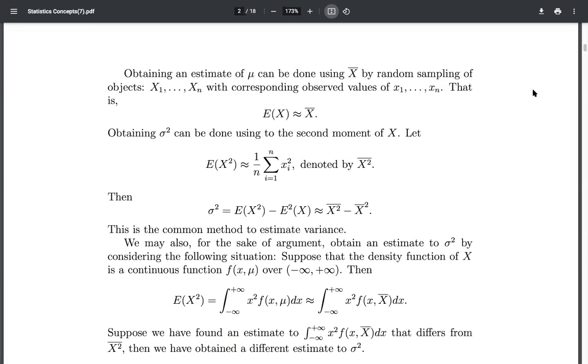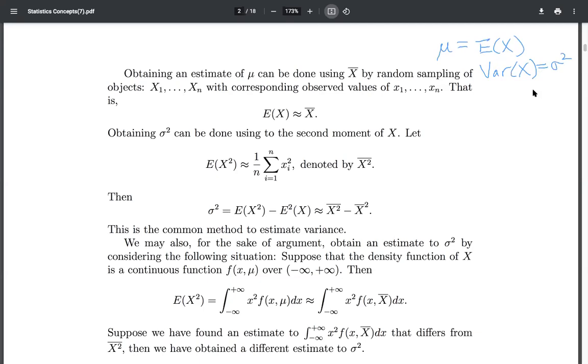Almost immediately, we just want to know, okay, so you have a population of objects, and you have an underlying distribution that governs these objects, and then we want to know the expected value. So this capital X, you can think of as a population, and you can also think of it as a random variable. Okay, and then also the variance. So in statistics, the expected value is often denoted by mu, and the variance is often denoted by sigma squared. Okay, so you want to know three things.